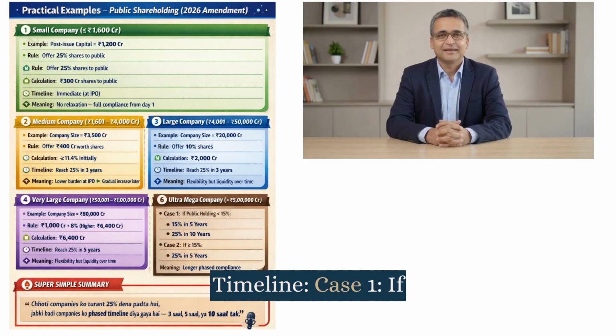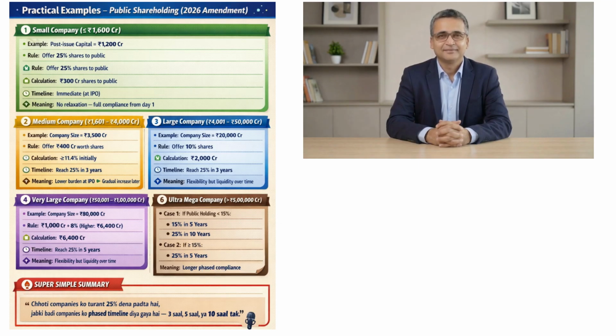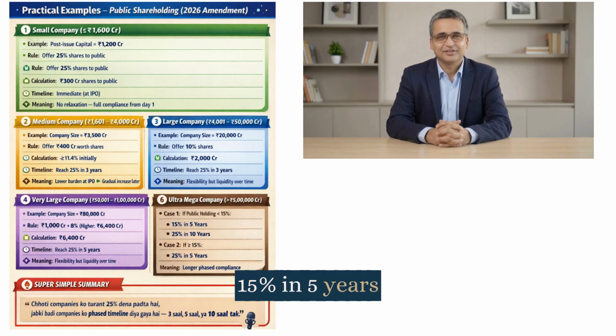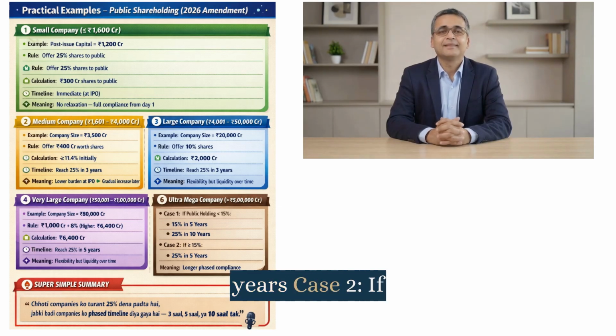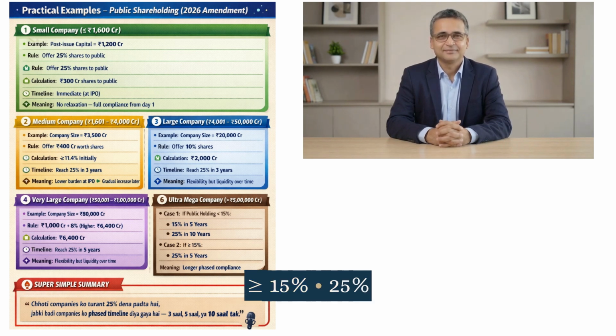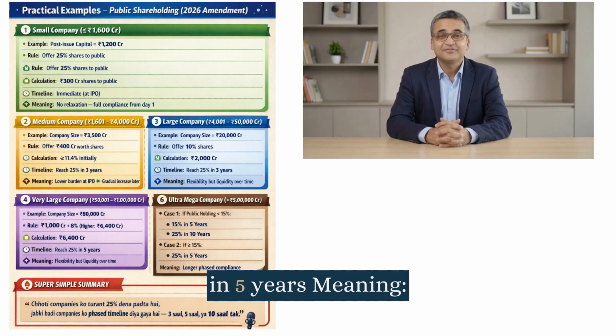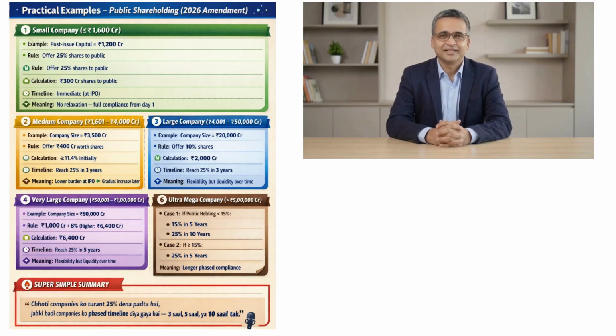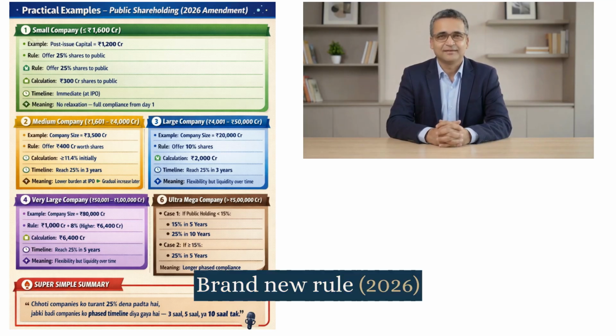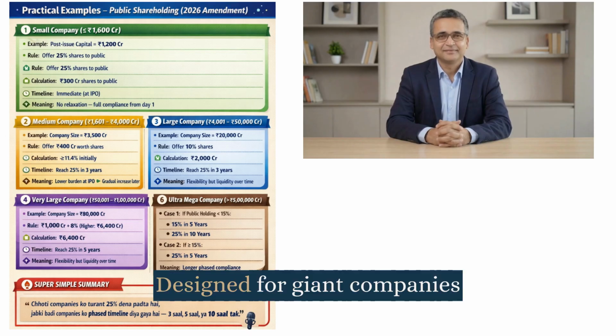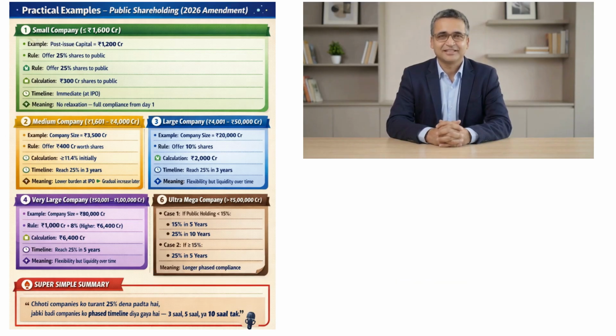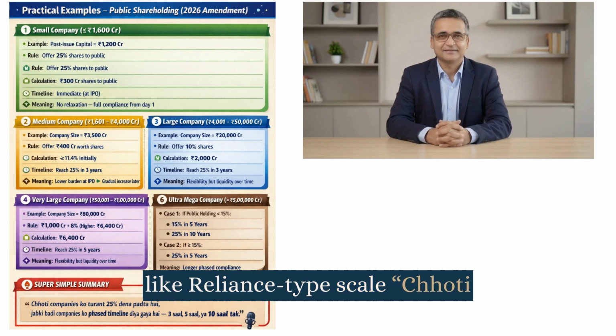Timeline, case 1: if public holding is below 15%, 15% in 5 years, 25% in 10 years. Case 2: if greater than 15%, 25% in 5 years. Meaning, a brand new rule in 2026 designed for giant companies at Reliance-type scale.